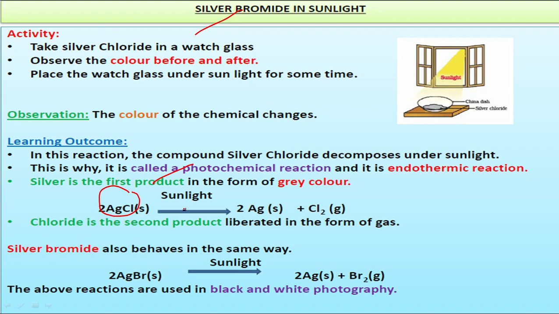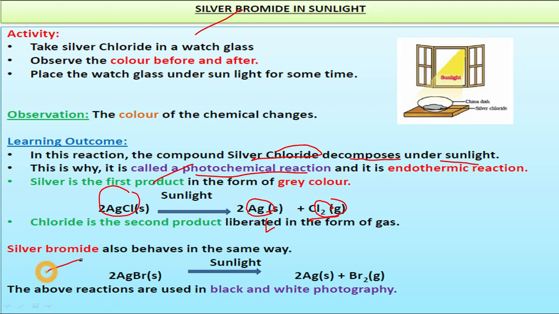After some duration of time, it will change to silver and chlorine gas is evolved. So a silver chloride compound is taken, it gets decomposed under sunlight, and this decomposition is called a photochemical decomposition reaction, and it is an endothermic reaction because energy is absorbed here. Silver is the first product which is gray in color, and chlorine gas is evolved.